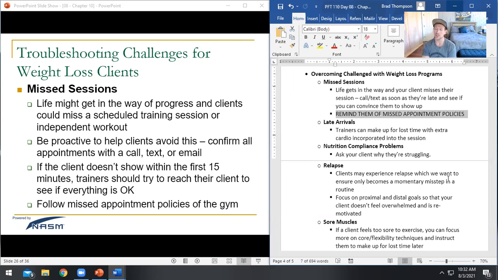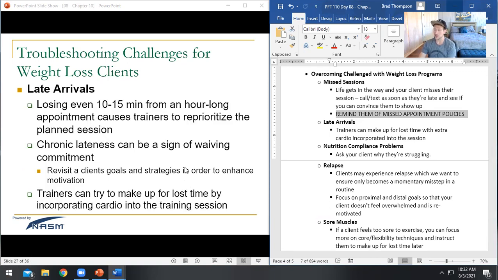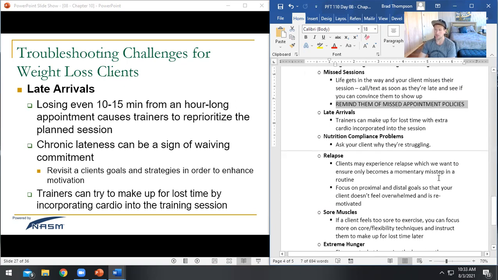And also, your time is valuable, and you cannot help people in this world if you can't pay your bills. If you don't have a place to live, if you can't function, you're not going to be able to help anybody. So remind your client they need to give you 24 hours notice if they are going to cancel an appointment, or whatever your company's policy is on that.